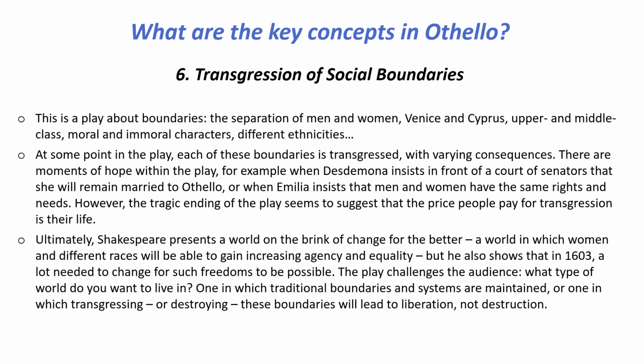But what Shakespeare also shows us is that in 1603, a lot is needed to change for such freedoms to be possible. And so the play is a real challenge to the audience. What type of world do you want to live in? Do you want to live in a world in which traditional boundaries and systems are maintained, or one in which transgressing or destroying these boundaries will lead to liberation and not destruction?